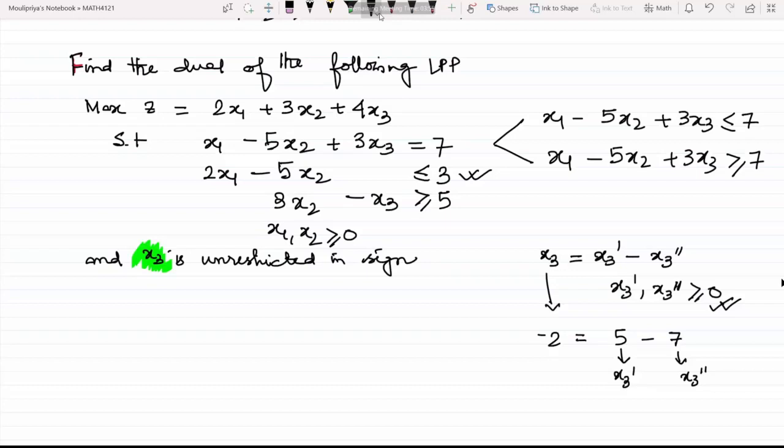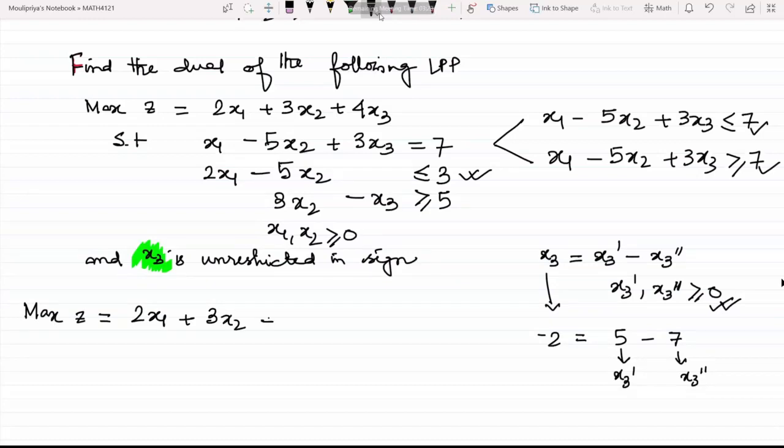So the first step would be to convert the first equality into these two inequalities, and further we would be substituting x3 as x3 dash minus x3 double dash.